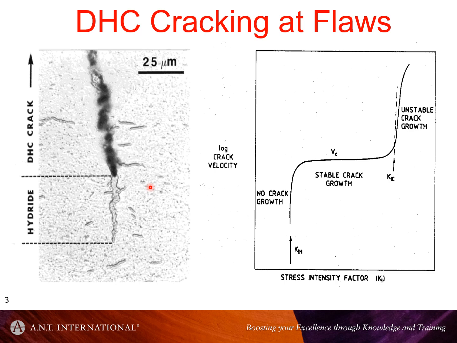So for the DHC itself, when you conduct a test, typically you have a certain flaw size, and you'll get the cracking going, and what the guys will do is that they'll reduce the load until it stops. And at that point, they know that they've found this edge, what's called the initiation point, the K1H. So given the stress and the dimensions of the flaw at that point, they can calculate what the stress intensity factor, K1H, is, and then they'll start to raise the load and get back into cracking.